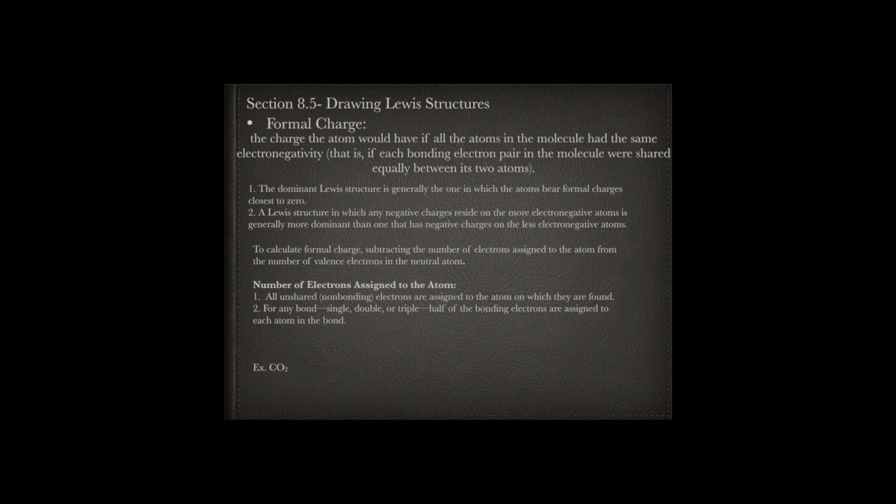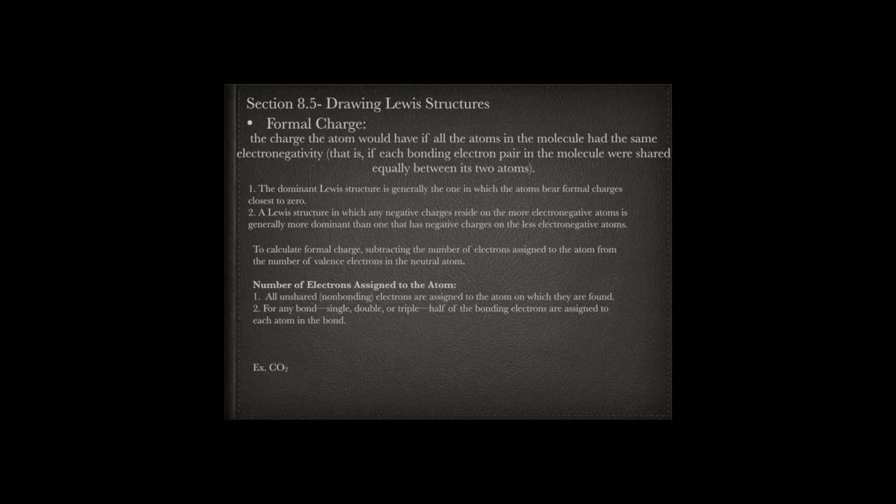So if you have a pair, that would be 2 electrons assigned to the atom. If you have a bond, like a single, double, or triple bond, you take half of the bonding electrons. So if, for example, you have a single bond, that's 2 electrons being shared, so that only counts as 1 electron that can be assigned to the atom.